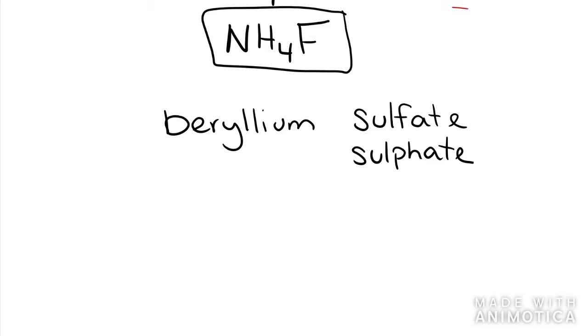So now let's look at this. Beryllium, where is that in our periodic table? Well, that's Be with a charge of 2+, and sulfate is SO4 with a charge of 2-. So again, I have 2 positives, I have 2 negatives. This one works out to be a 1-to-1 ratio.